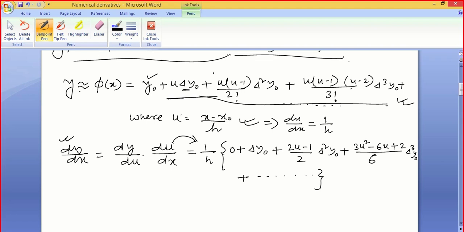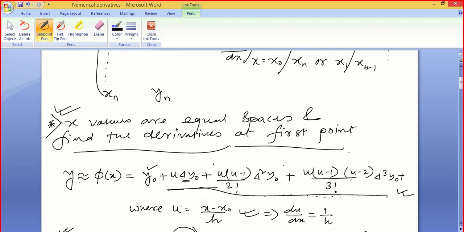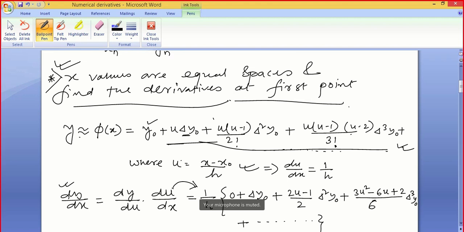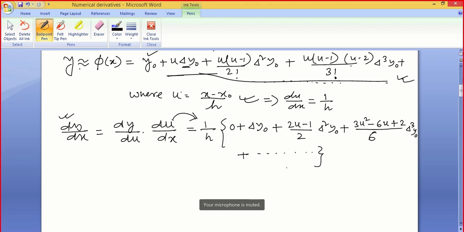Now in that expression you have to put the values of x, which is the asking point. Now the asking point is the initial point, means at x equals x0, what will be the u? Follow, u is x minus x0 by h.